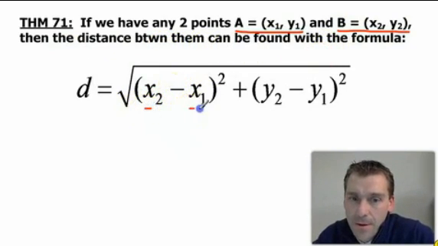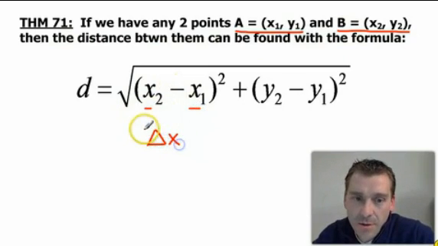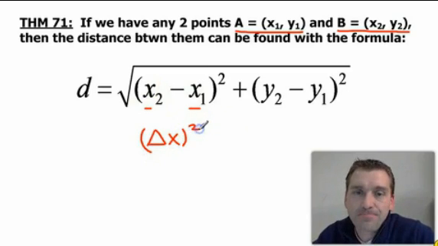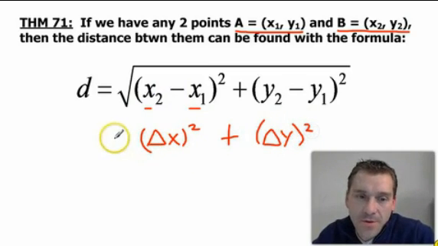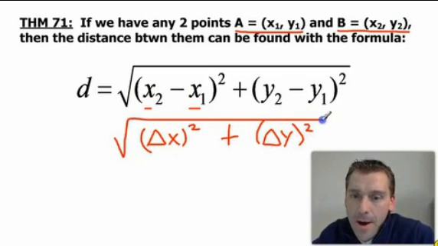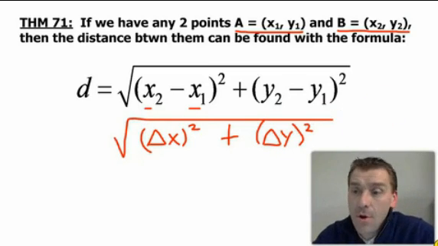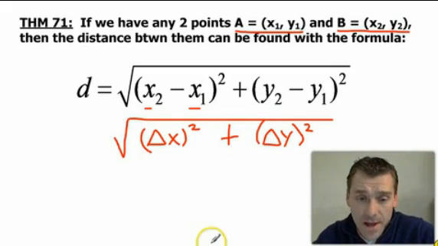Take the difference of the x coordinates, the change in x, and square that, and add that to the change in y, squared. Then you square root it all, and ba bing, you have the distance formula. Congratulations. There you go. Looking forward to practicing this in class.